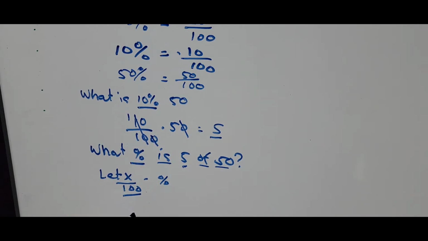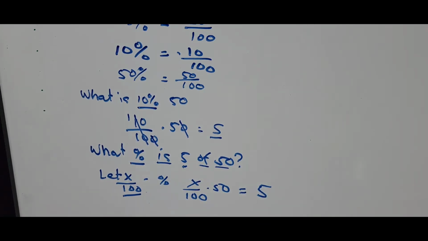That is x over 100, that's the percent, of 50. So x over 100 times 50, where "is" is a signal word representing an equal sign, is 5.